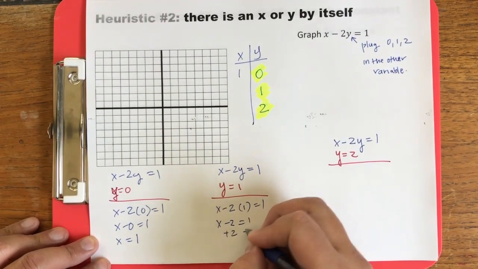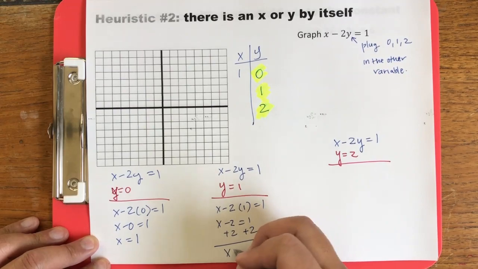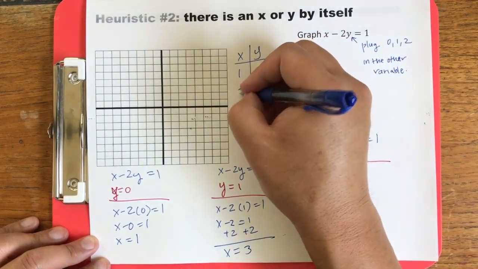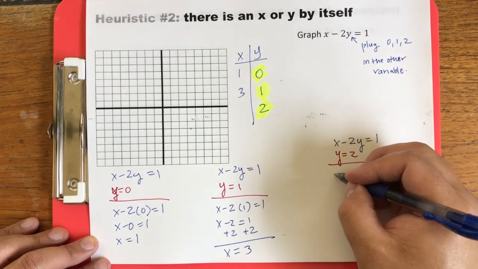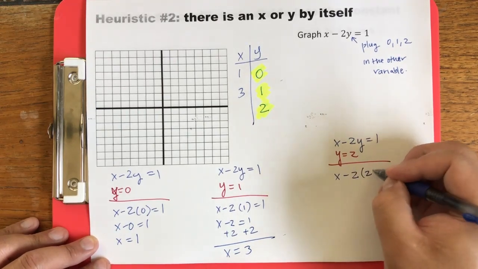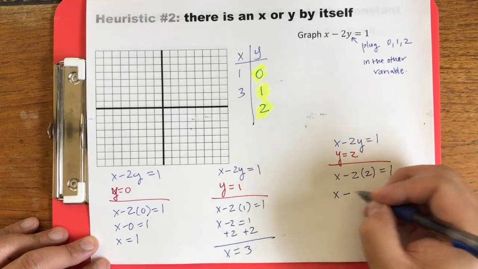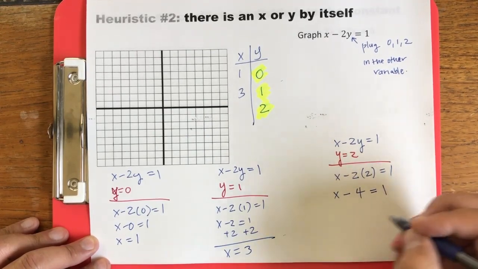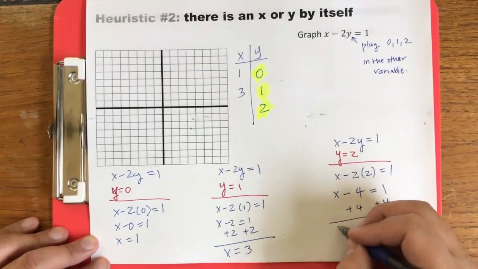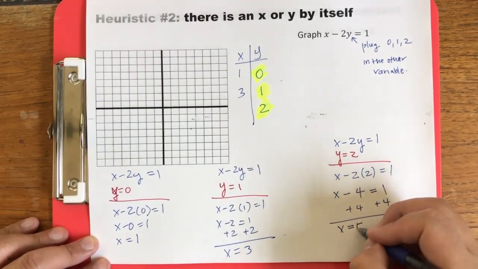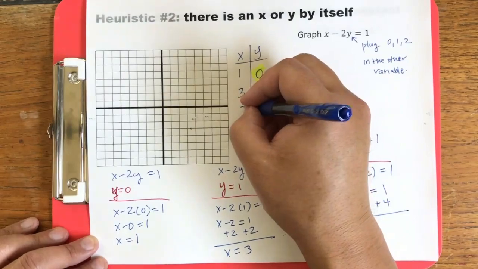We're going to add 2 to both sides. We get 3. And on this last one, when I plug in y equal 2, x minus 4 is equal to 1. We'll add 4 to both sides. x is equal to 5. So we get a 5.